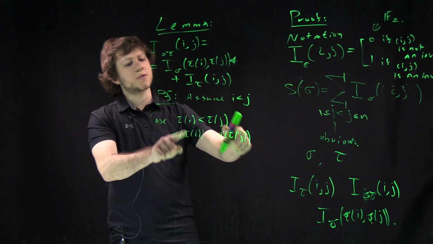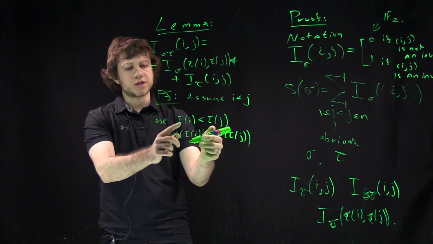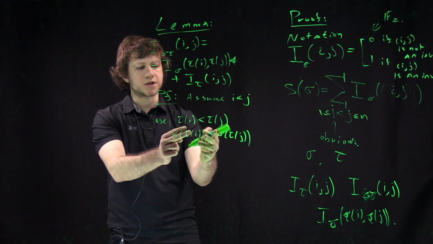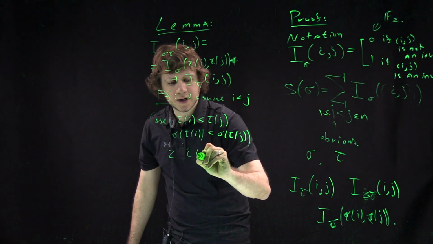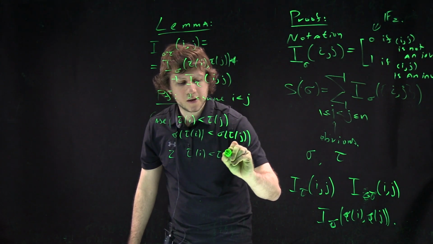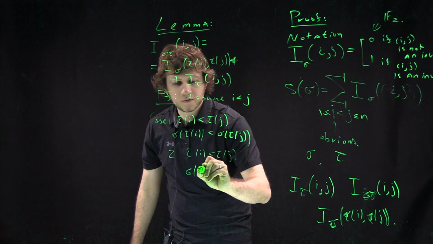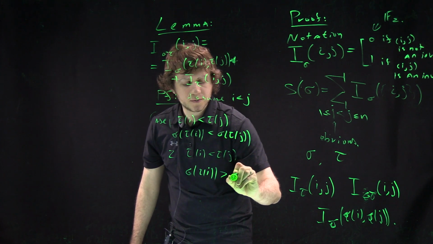So this is one thing which can happen, but also, of course, any of these inequalities can go the other way. So case 2 is tau of i is less than tau of j, but sigma of tau of i is bigger than sigma of tau of j.